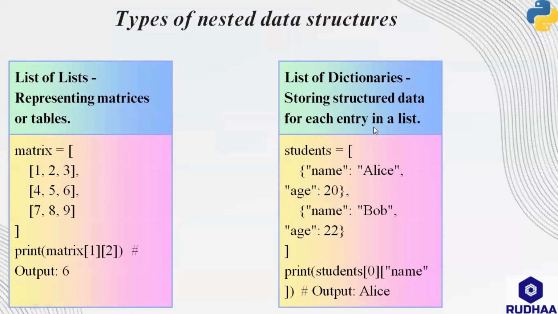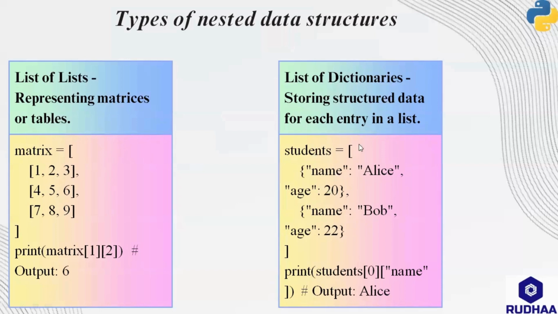Similarly, you can access an element from a list of dictionaries. A list of dictionaries means a list that contains many dictionaries. So here you have key value pairs such as name: Alice, age: 20. These are two key value pairs, and here you have two more key value pairs. We can call this a dictionary and this a dictionary.